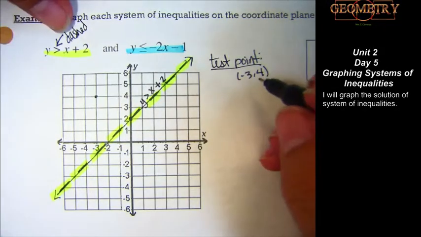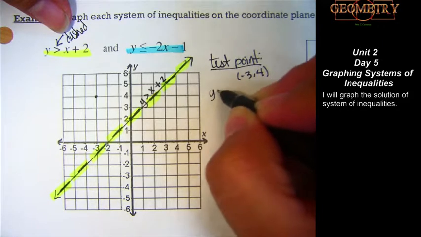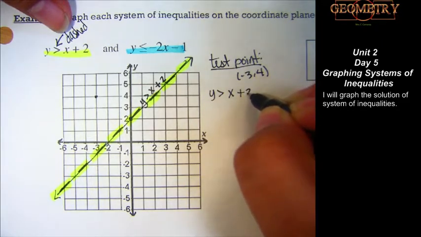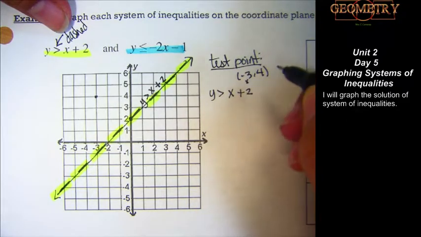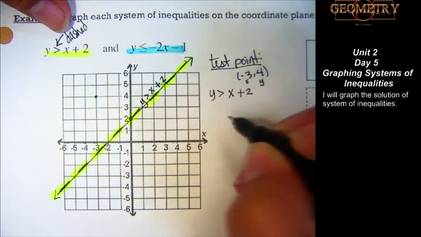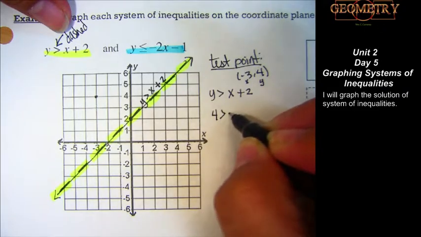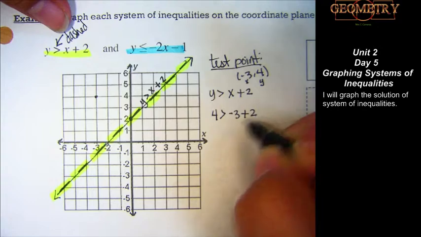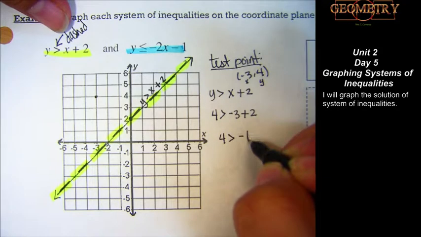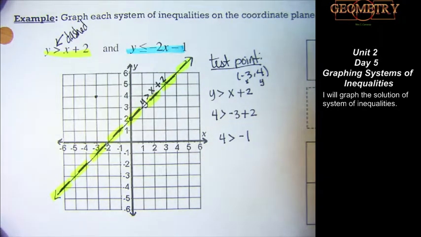All right, so I'm going to take this equation, y is greater than x plus 2. And instead of x, I'm going to write a -3, and instead of y, I'm going to write a 4. And when I simplify this down, I get a statement that says 4 is bigger than -1. So the question is, true or false? True.